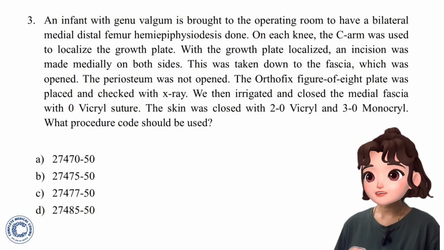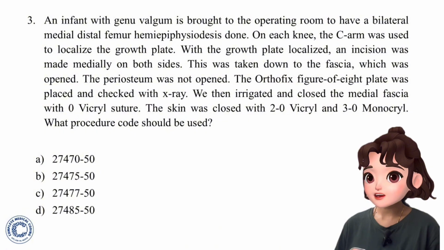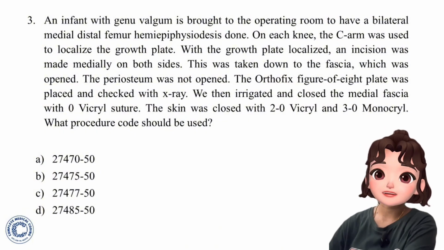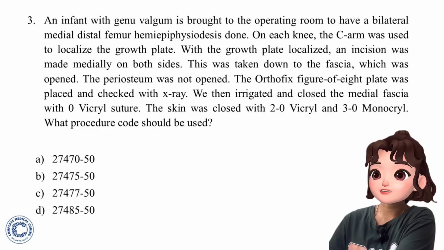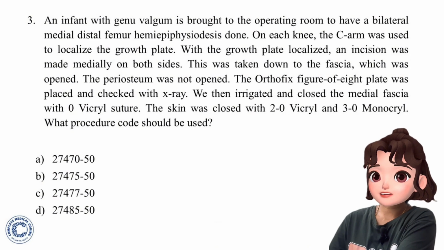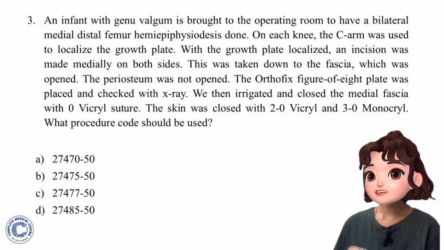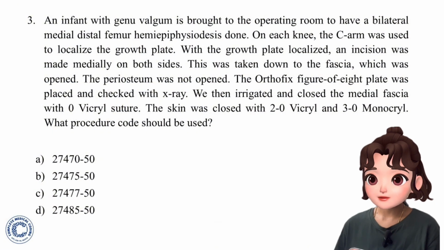This was taken down to the fascia, which was opened. The periosteum was not opened. The orthofix figure of 8 plate was placed and checked with X-ray. We then irrigated and closed the medial fascia with 0 vicryl suture. The skin was closed with 2-0 vicryl and 3-0 monocryl. What procedure code should be used?